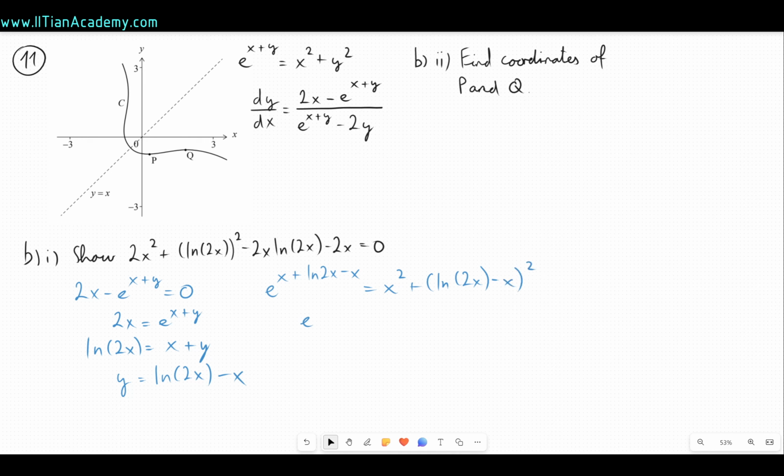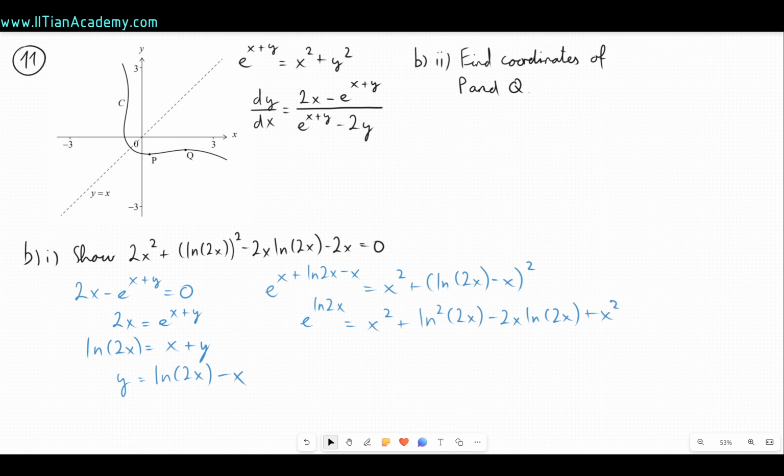So what we have here is ln e to the ln 2x. This will be equal to x squared plus, and then we have to expand this out, so ln squared 2x minus 2x ln 2x plus x squared.